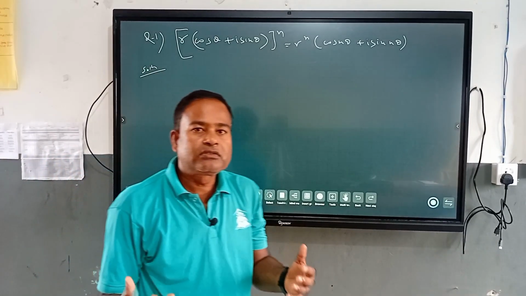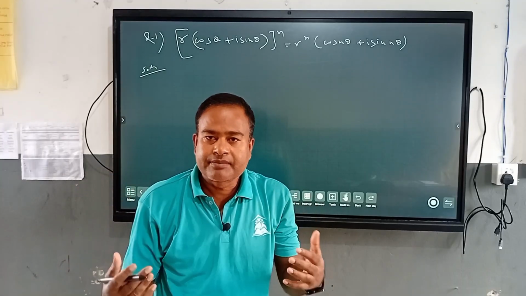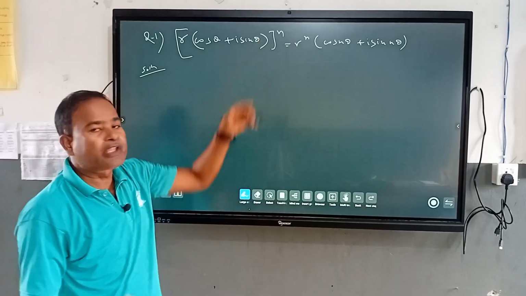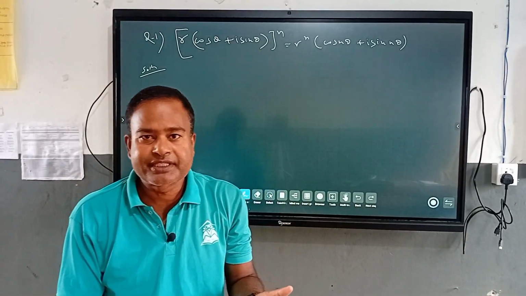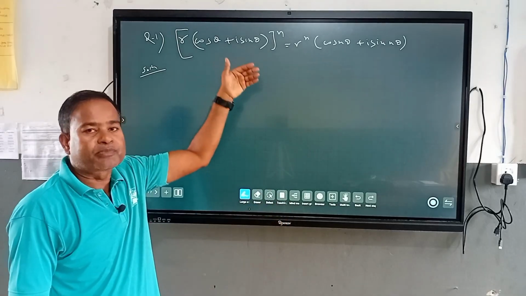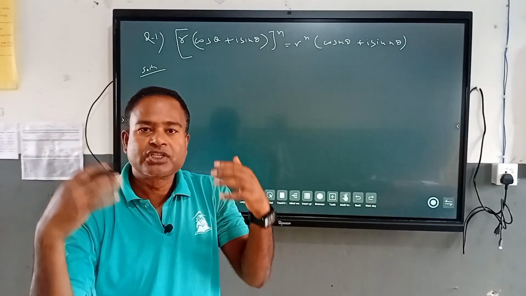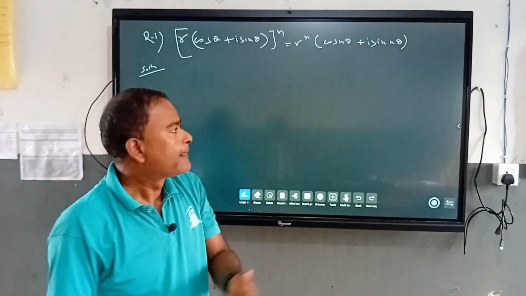So we are going to follow mathematical induction method. In the mathematical induction method, there are three steps. First, we take the value of n equals 0. Then we prove LHS equals RHS. Then we assume that this statement, that means De-Moivre's theorem, is true for any positive integer n equals k.